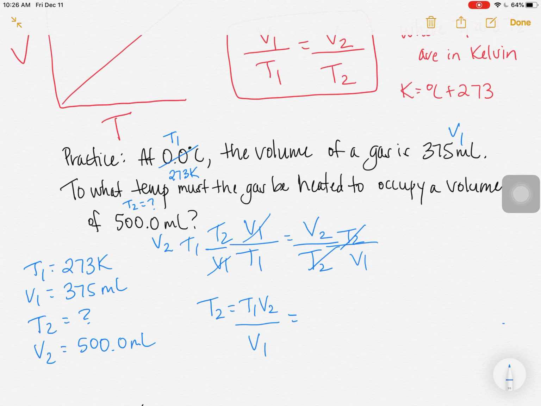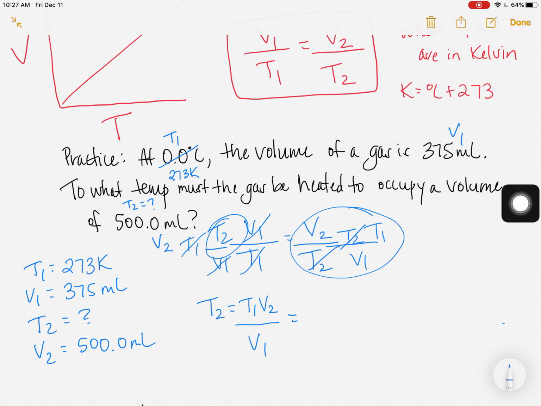So you'd have to divide by V1, divide by V1, and multiply by T1. I mean, it's a mess, right? However, look, V2 T1 over V1, which is exactly what I had down here. So I'll just say to you that cross multiplying is probably the simplest way to do it. But however you want to algebraically solve this is up to you.